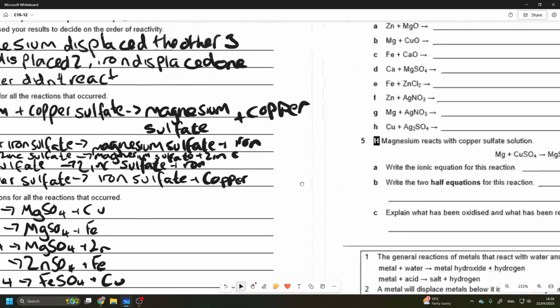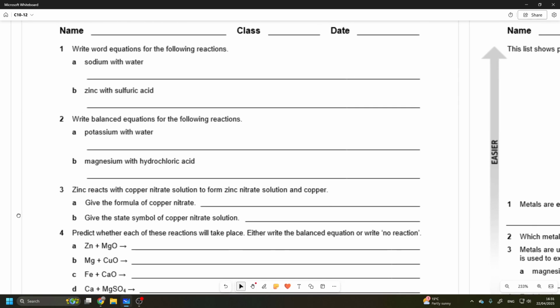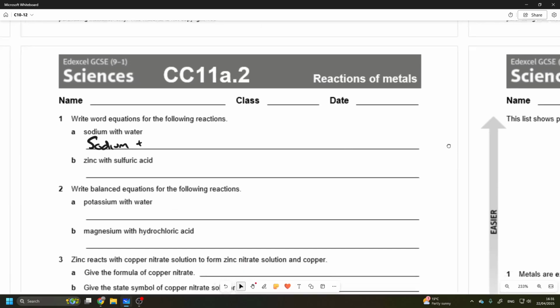Now we have another sheet up here, okay, for today's lesson. So first of all, write word equations for the following reactions. We have sodium plus water. Is this for today's lesson? Let's have a look. Yeah.